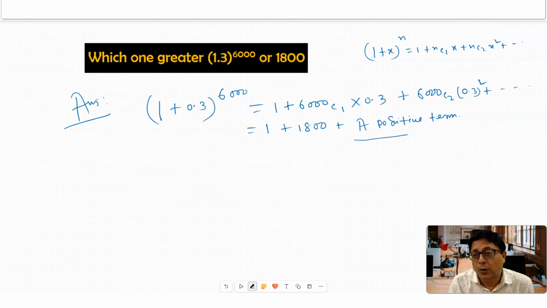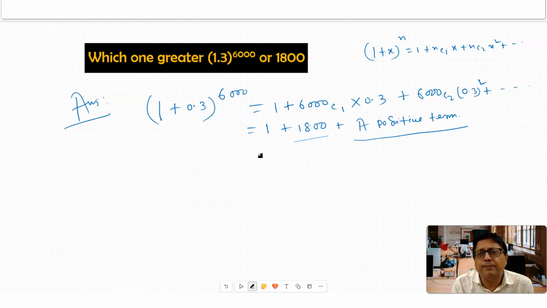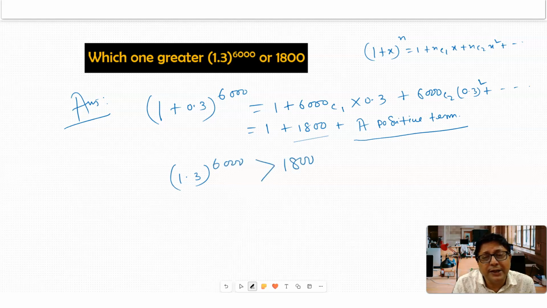I mean, a whole positive expression will come. Whatever 6000c3 0.3 cube, 6000c4 0.3 to the power 4, whatever there, you don't care, because they asked you to compare with 1800. So you are getting 1800 plus a positive quantity. Even 1 also is there in the beginning. So 1.3 to the power 6000 is greater than 1800.